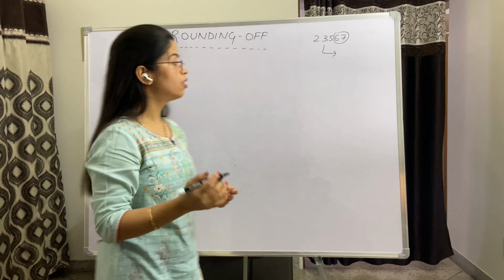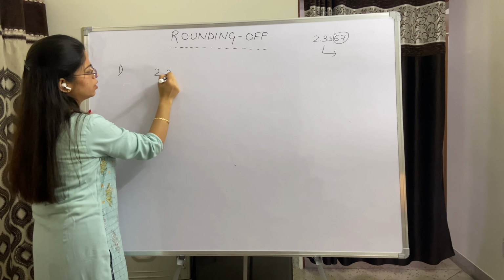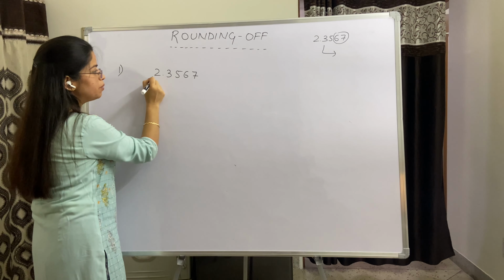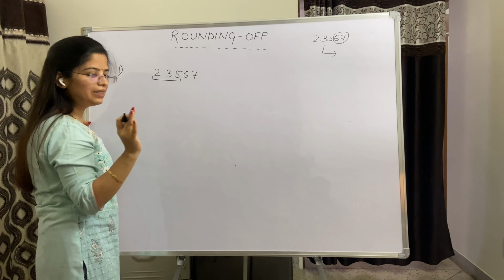First rule is, when you are rounding off, let's say we are taking that example only, 2.3567. I want to round it off to 3 significant figures. It means I want to keep these 3 numbers.